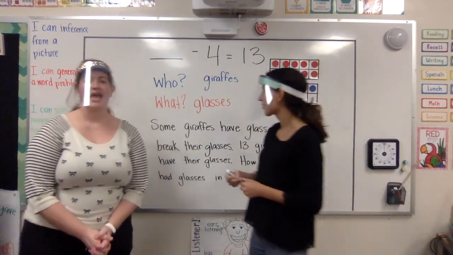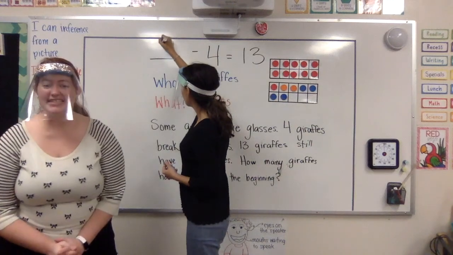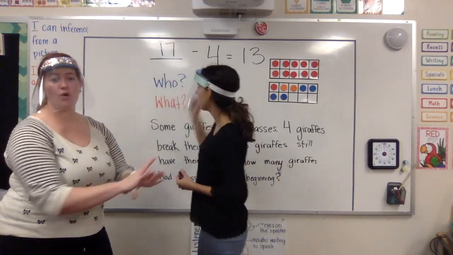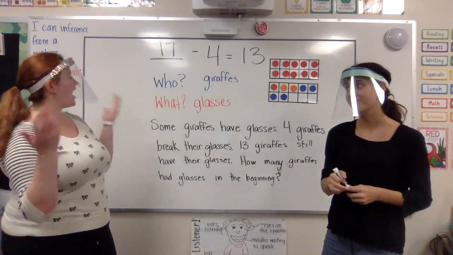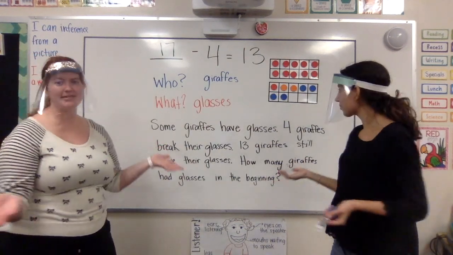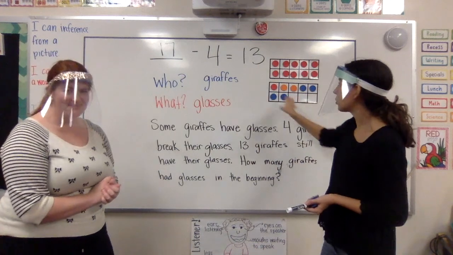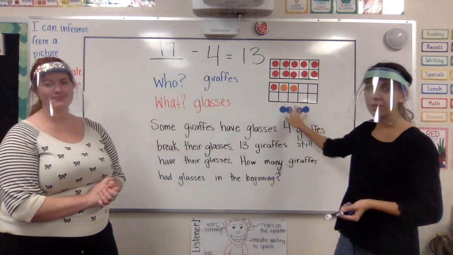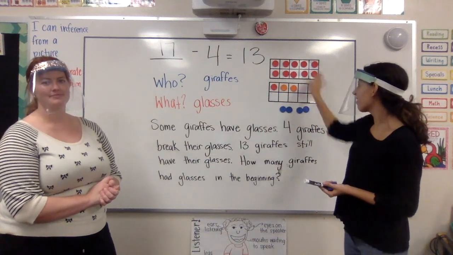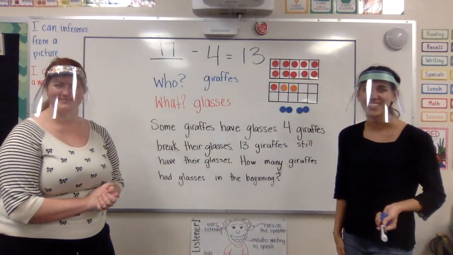Oh my goodness. And if she wanted to double check, she could take 4 away and check to see if there was still 13 left. So how many giraffes had glasses at the beginning, Miss Lestico? So 17 giraffes had glasses, and then 4 broke their glasses, and now we have 13 giraffes with glasses.